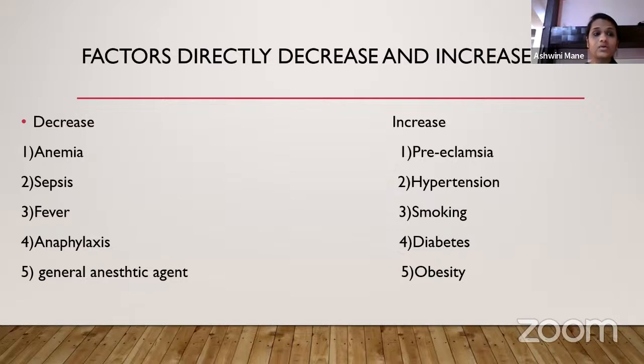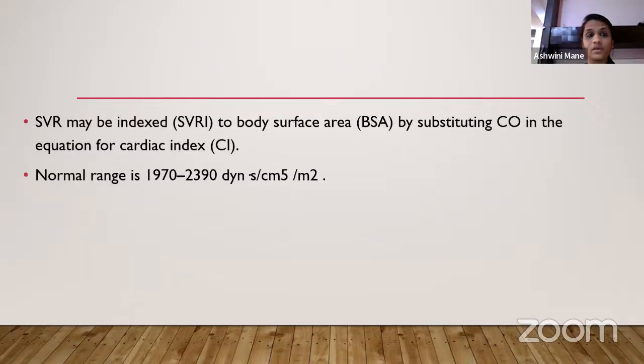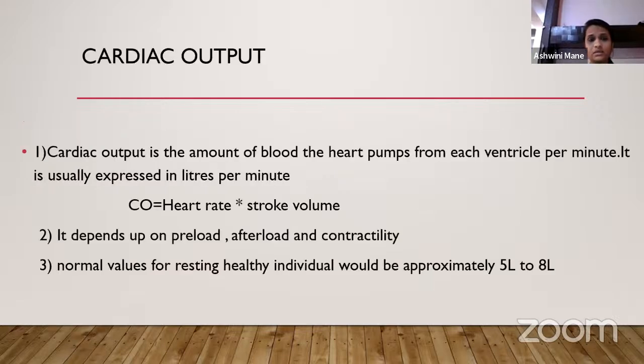Decreased SVR is caused by anemia, sepsis, fever, anaphylaxis, general anesthetic agents. Increased SVR is caused by preeclampsia, hypertension, smoking, diabetes, and obesity. So SVR may be indexed to the body surface area by substituting cardiac output in the equation with cardiac index. And the normal range is 1970 to 2309.